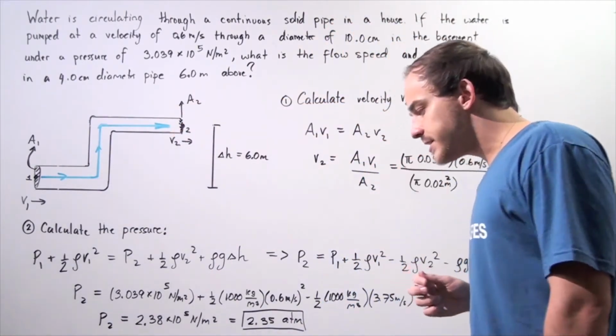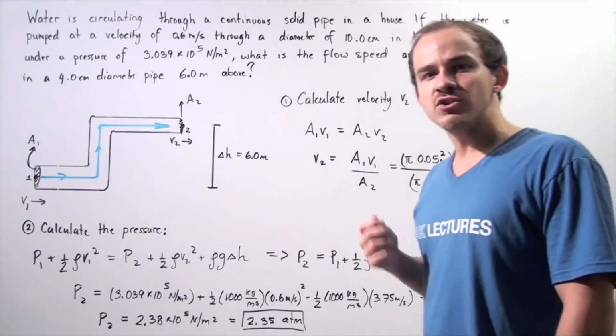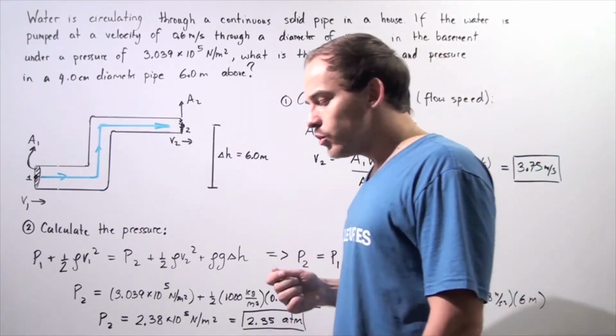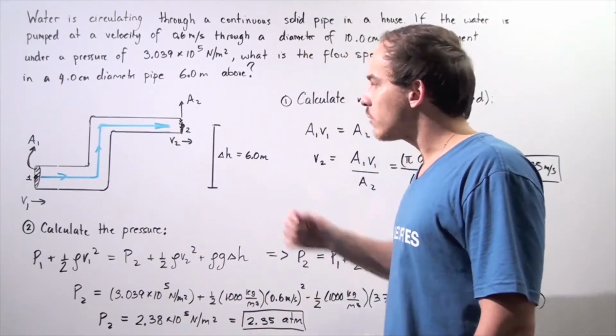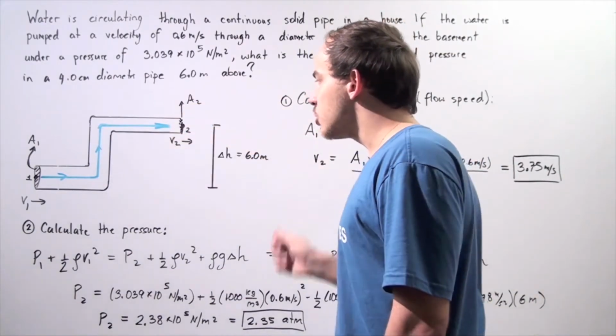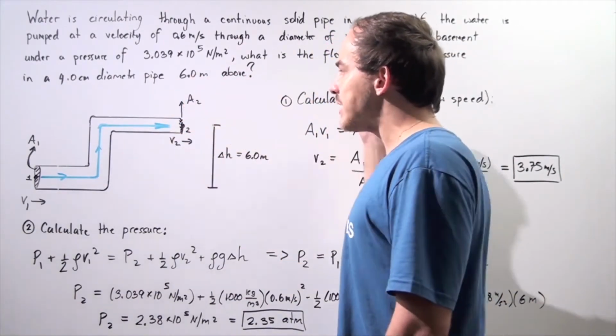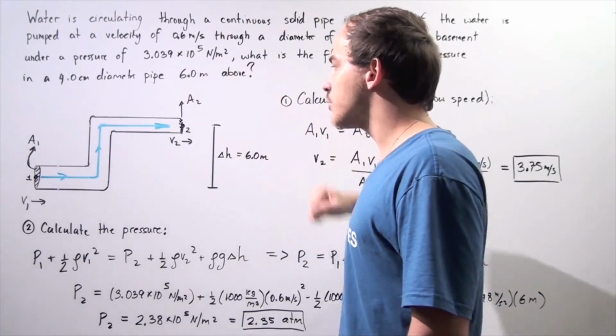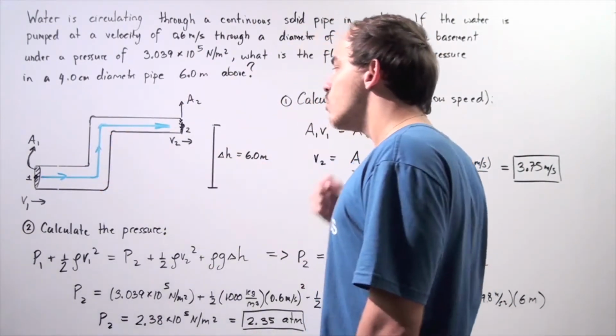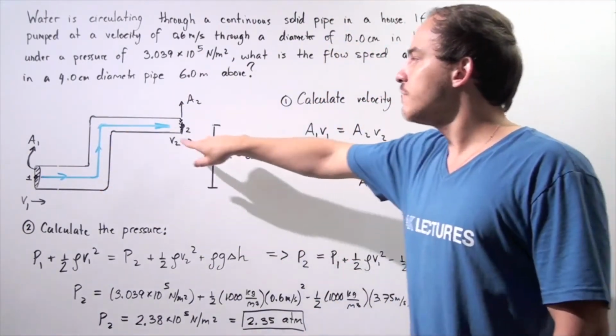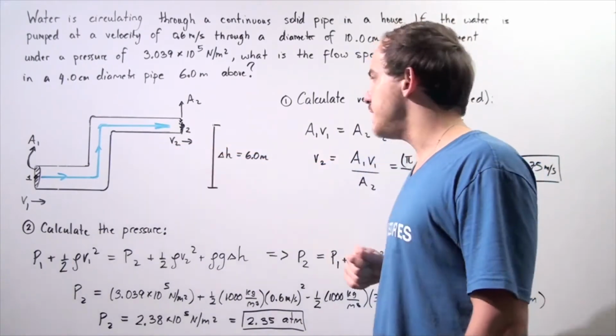So in the first step, we're going to use our equation of continuity to solve for our velocity V2. In other words, to find the actual pressure 6 meters above the basement, we first have to calculate the flow speed velocity V2.